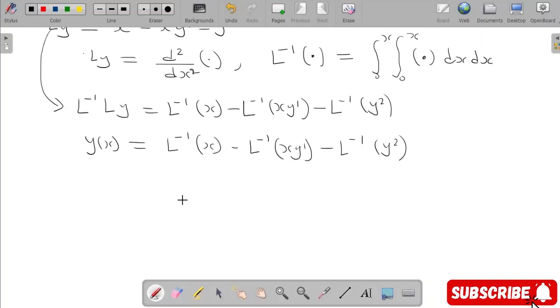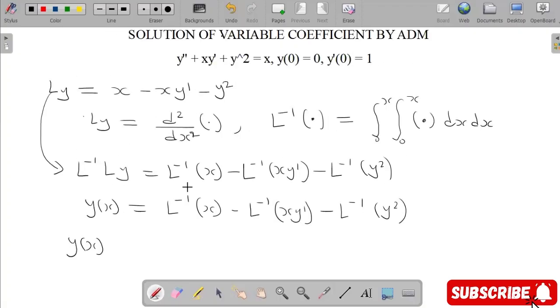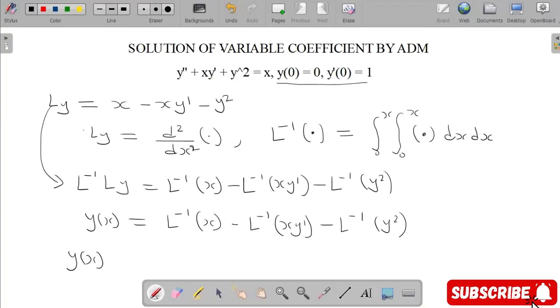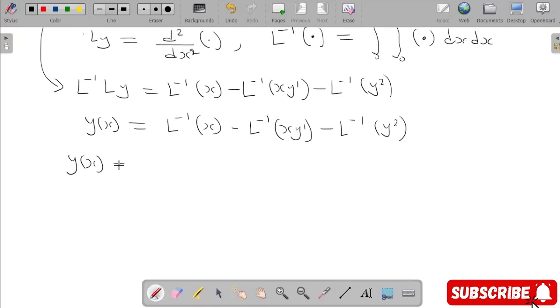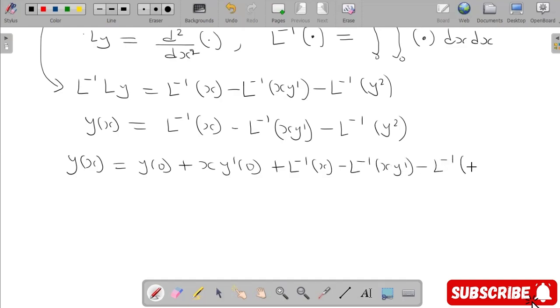At this stage, we want to apply the initial conditions. So the initial conditions are applied as y(0) plus xy'(0), then plus L inverse of x minus L inverse of xy' minus L inverse of y².